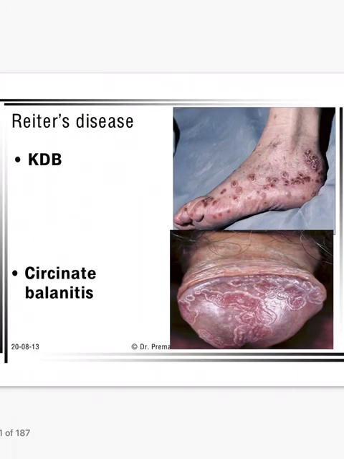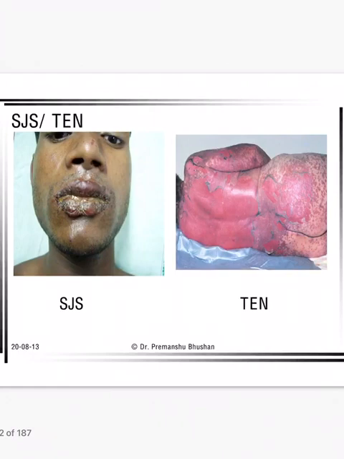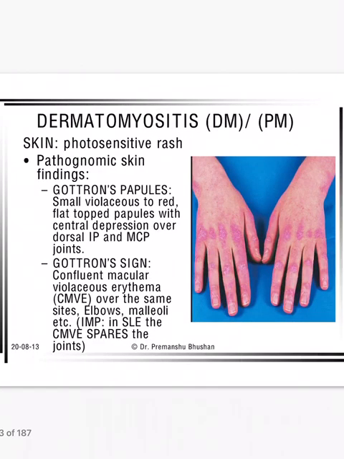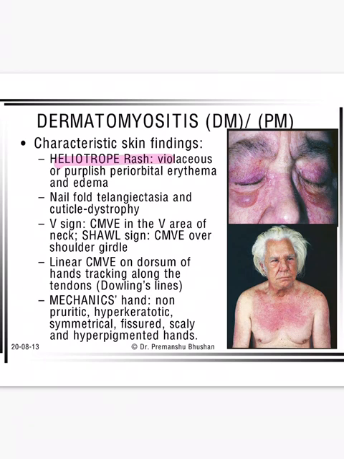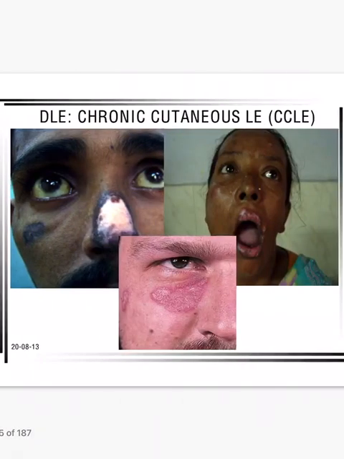There will be a normal area with a dark area. This is Reiter's disease, which is HLA-B27 associated, and it shows circinate balanitis around the glans. And the other thing: you can say staphylococcal scalded skin syndrome, Stevens-Johnson syndrome and toxic epidermal necrolysis. In dermatomyositis, there are Gottron papules on the skin. Gottron sign is seen, and there is heliotrope rash. There is shawl sign.